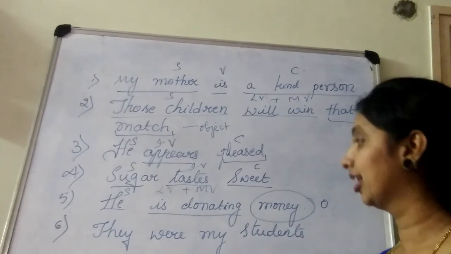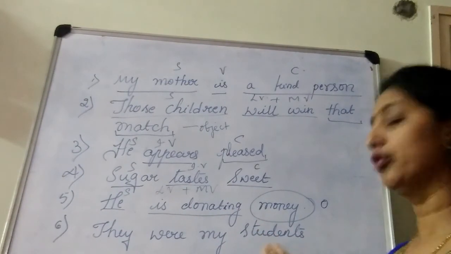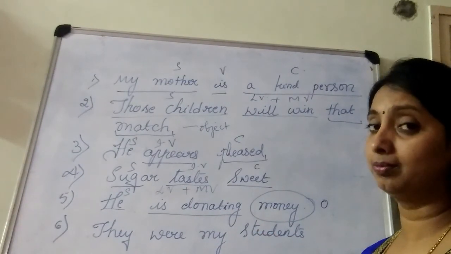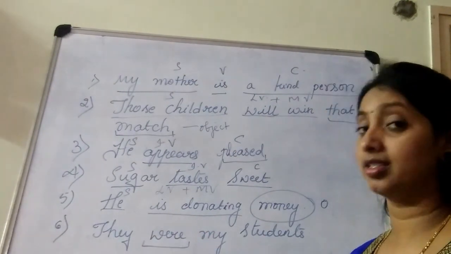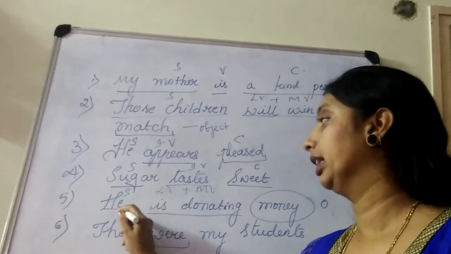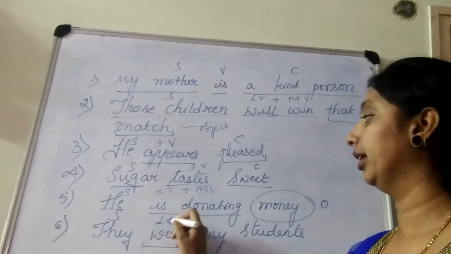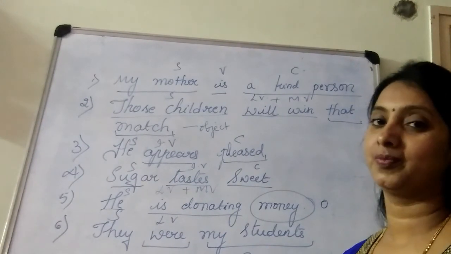Last sentence. They were my students. Can you find any main verb there? This is a linking verb. So, they is a subject, linking verb, my students is a complement.